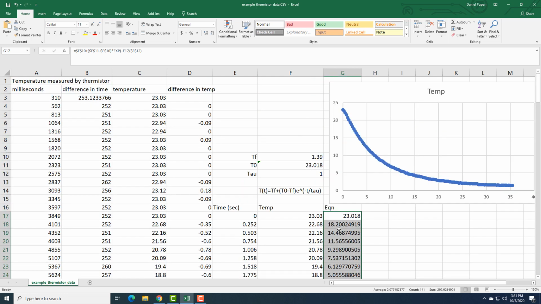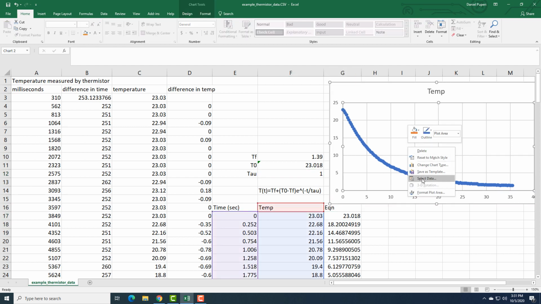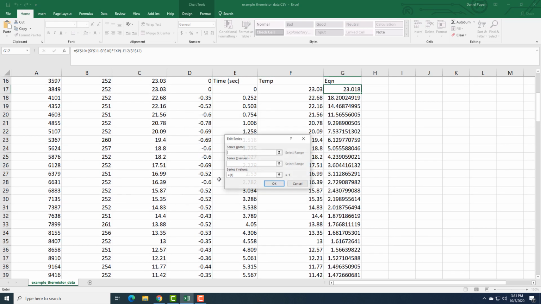You can already tell that this goes too fast, right? We can see that it's going much faster than my experimental data. So obviously this tau is not correct, but I do want to add this to the graph, right? So I'm going to go here, select data. I'm going to add another, so I'll say this is the equation, x values.